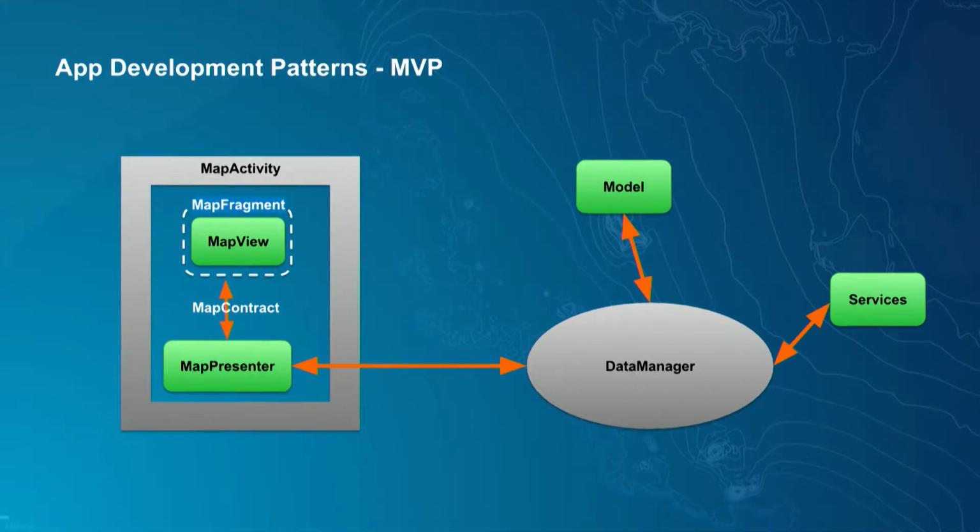This is an example of one of the activities, the map activity, which is central to the app. I have a map fragment that encapsulates the map view. And then I have an interface that defines how the presenter and the map view interact. In other words, the map contract has a view interface and a presenter interface.